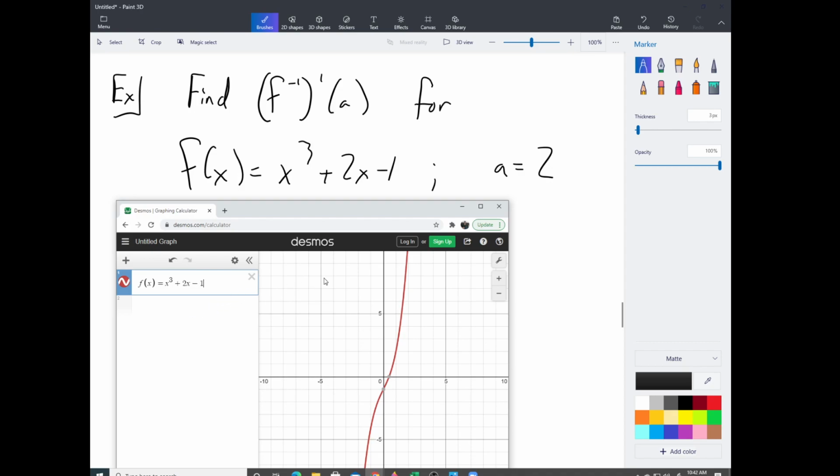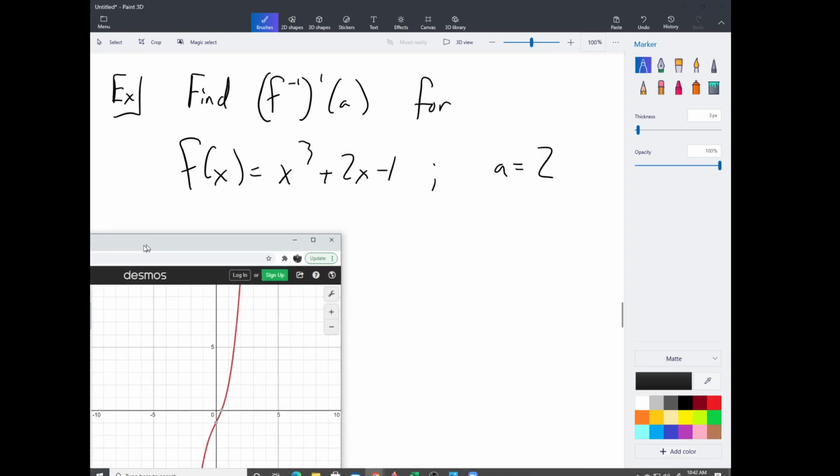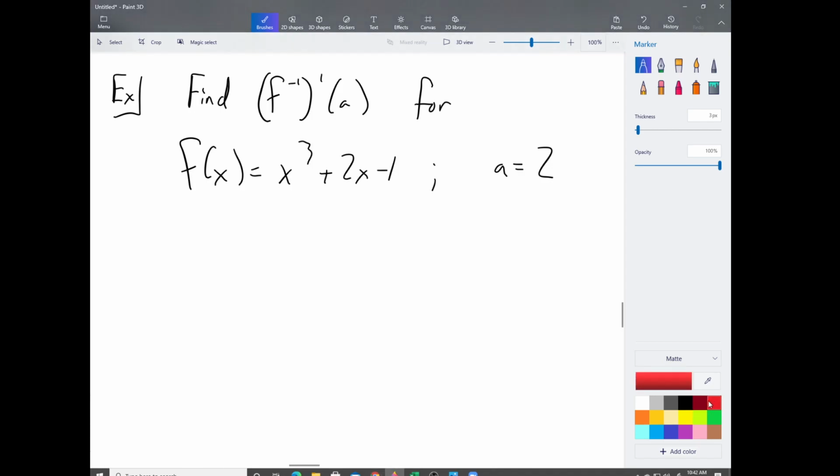And we know that we're plugging this a value into the inverse. So this a value here is the x value for the inverse function, which means it's the y value for your original function.